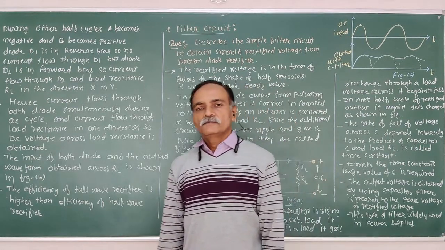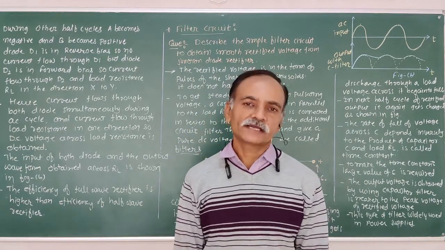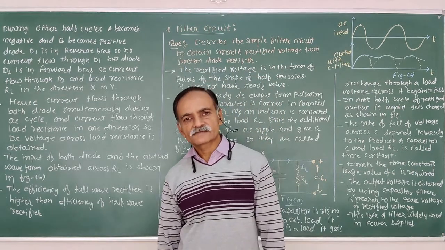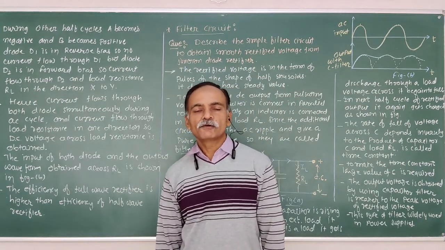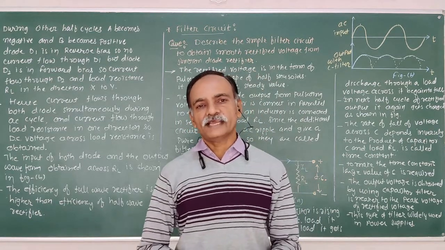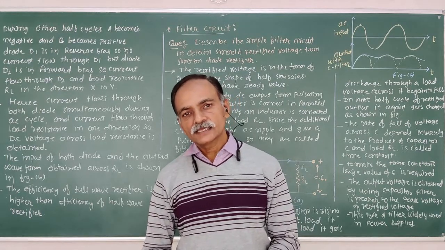So, hence we discussed about the half wave rectification and full wave rectification. Sometimes the question arises whether the voltage obtained across the load resistance due to the full wave or half wave rectification is pure DC.